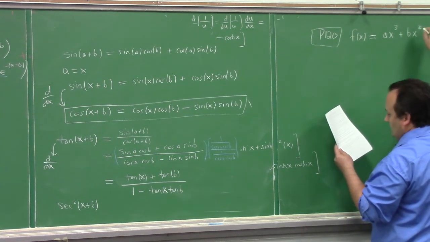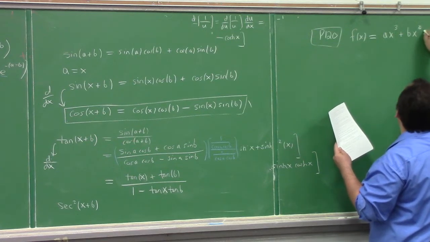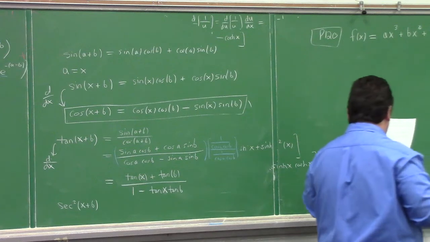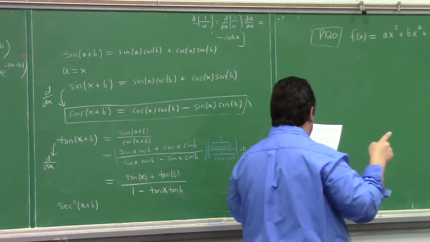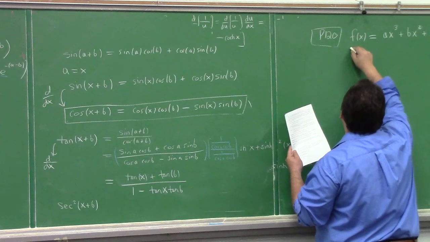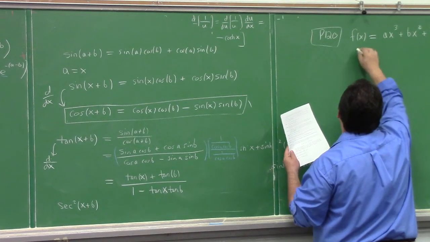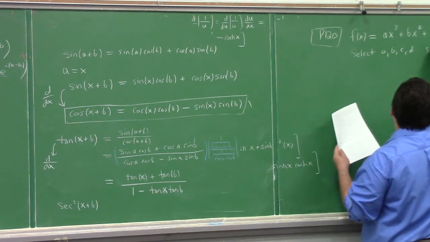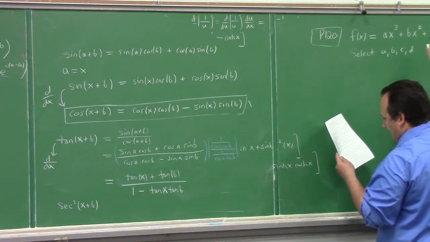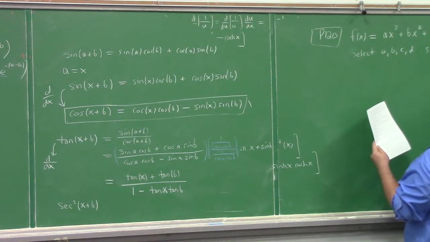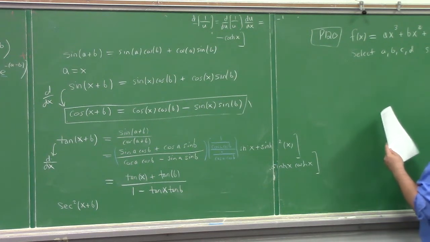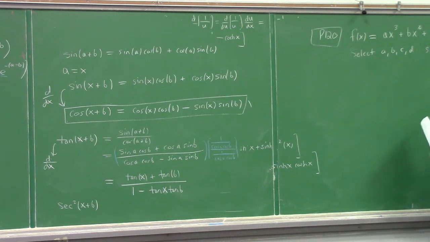So x squared plus cx plus d, that was our cubic function. We're supposed to find a cubic function that has a local maximum of 3 at -2. So the question is to select a, b, c, d such that f of minus 2 equals 3 is a local max.